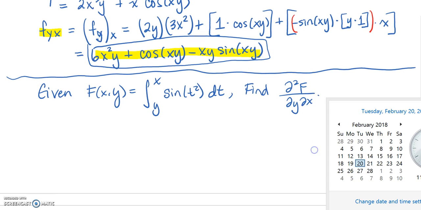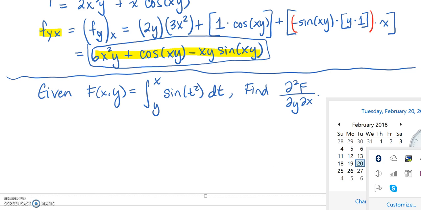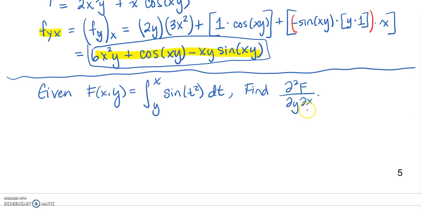So looking at the derivative we're requested to find, in this case we'll need to find the partial with respect to x first, and then the partial with respect to y second. That is implicit within that notation.